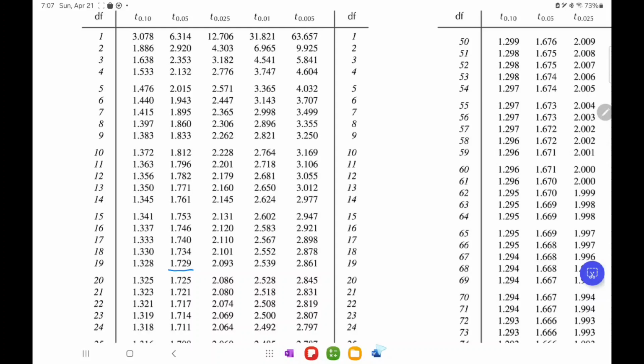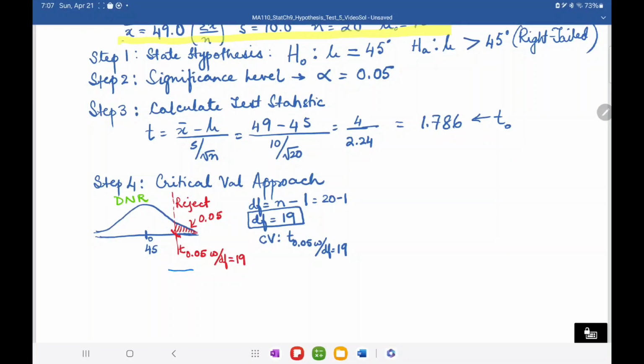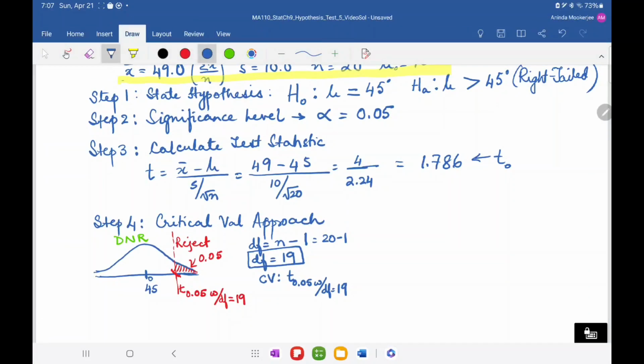So let's go back. So CV is 1.729 from the table.